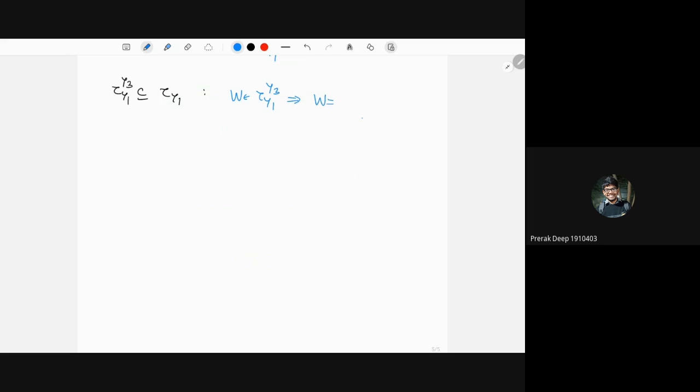This says that w can be rewritten as the intersection of an open set in tau y3 with y1. So let's call that open set in tau y3 u, intersected with y1. So this u is in the topology tau y3. Now you expand the expression for u.